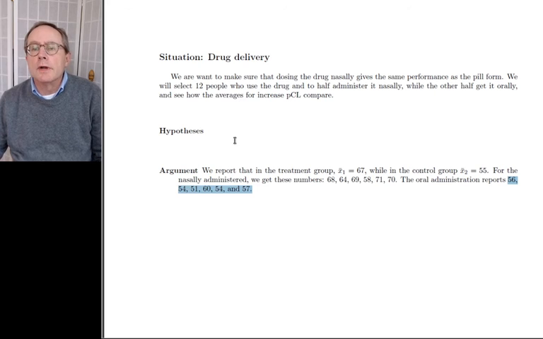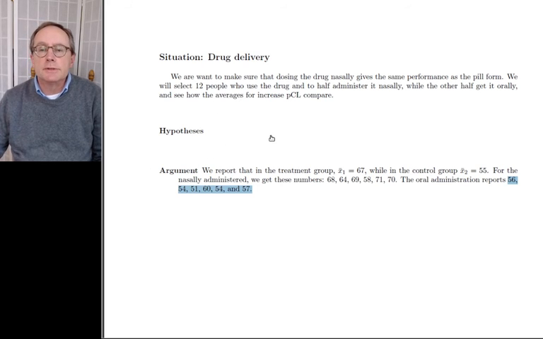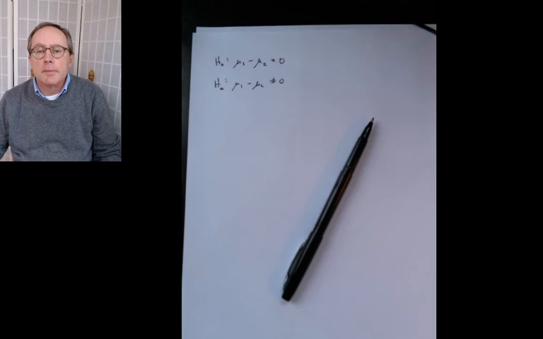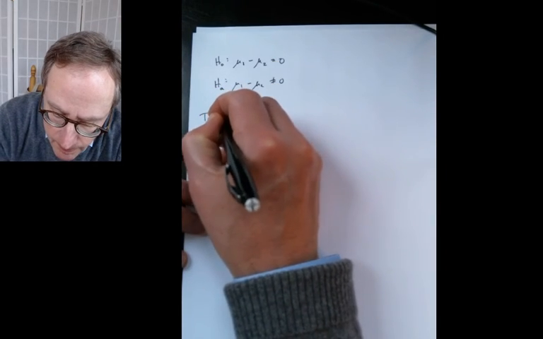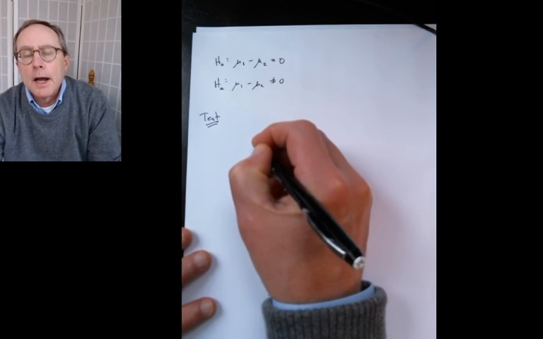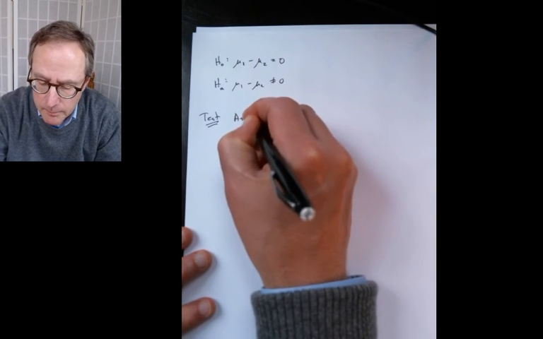So now I'm just going to ask StatKey to generate 1,000 samples and see what the sampling distribution looks like, and it looks like a bell curve. So back I go to the test, by assuming H0 is true.